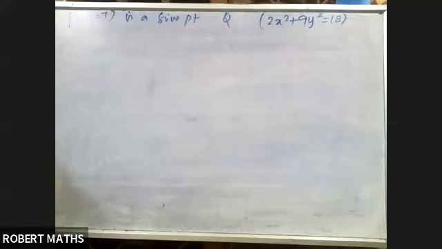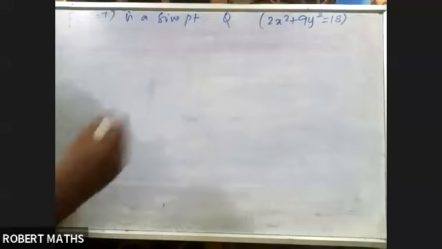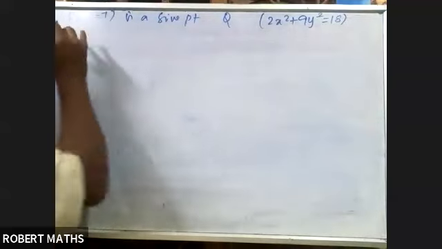P is given, and Q is a point on the curve. Now it is given that, then find the locus of the midpoint of PQ. The point P is given.